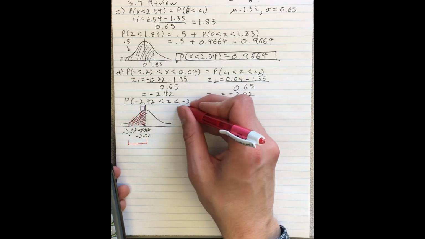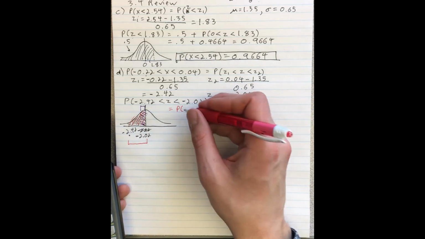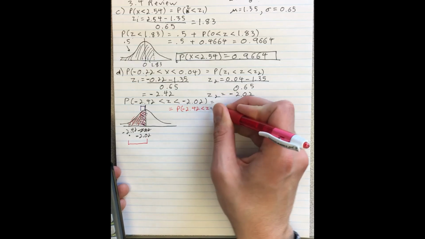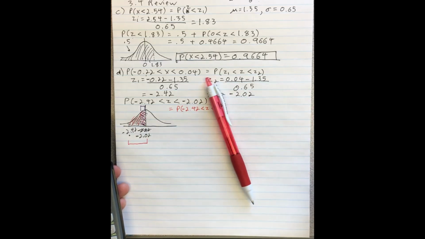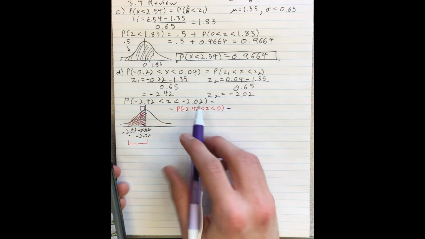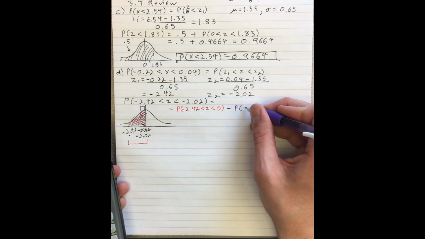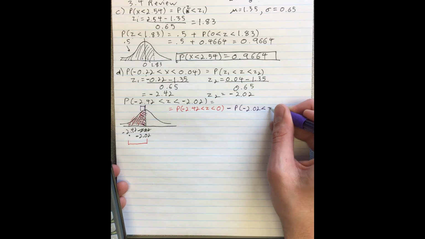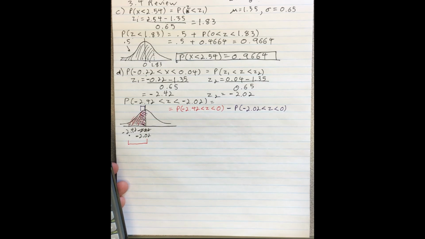So this is equal to the probability, and I'll try to color code it as always, z is between negative 2.42 and 0, where my red region is, minus, because I need to take it away to get the leftover, the probability that negative 2.02 is less than z is less than 0. So it's kind of converting that math into geometry and vice versa.